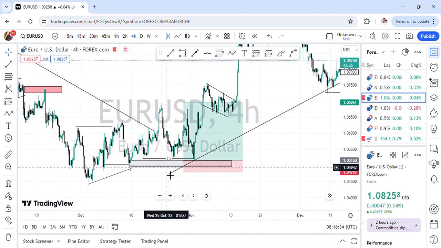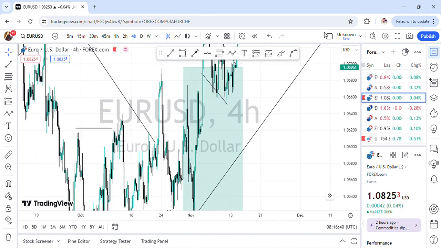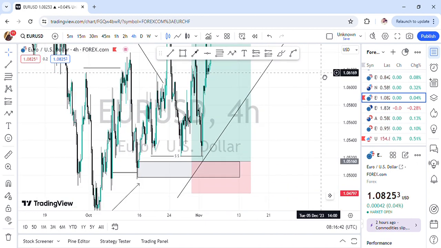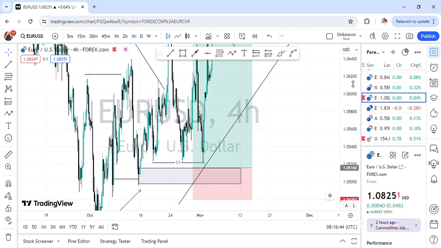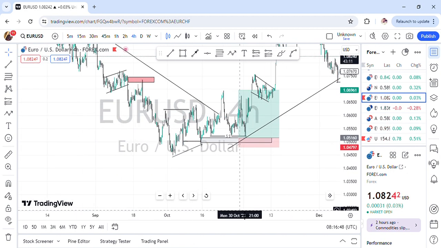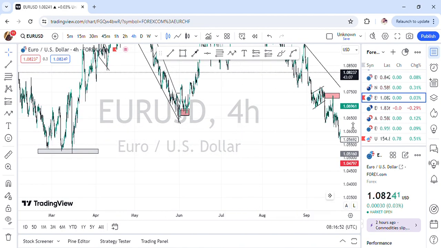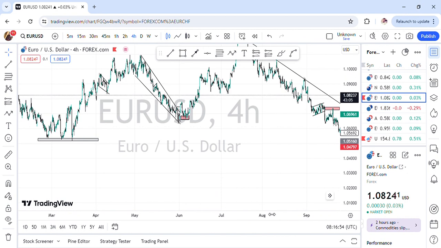So this was my order block. I had the trend line breakout here. Then this was my order block, but it's like I missed this trade. I think so, just by a few pips I missed it. So this is one example using your order block to pick out your entry after a breakout.